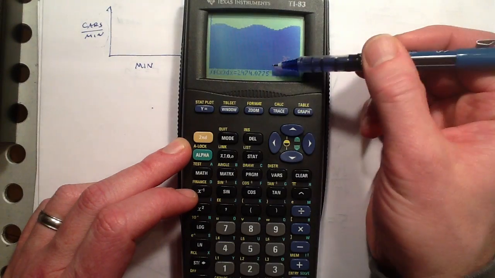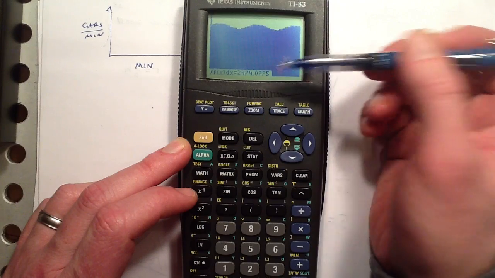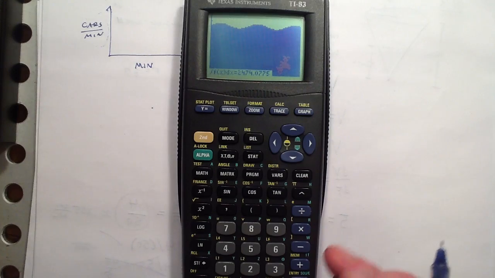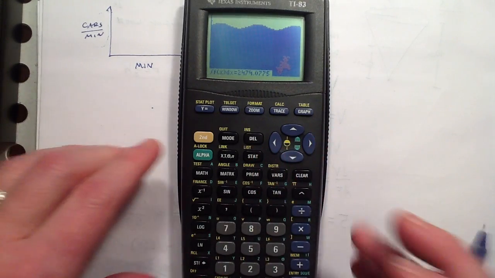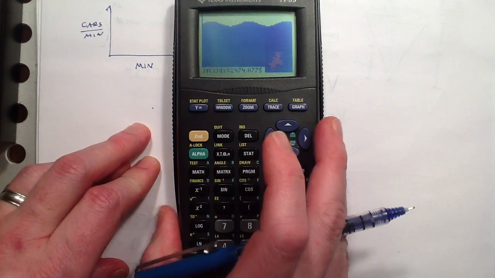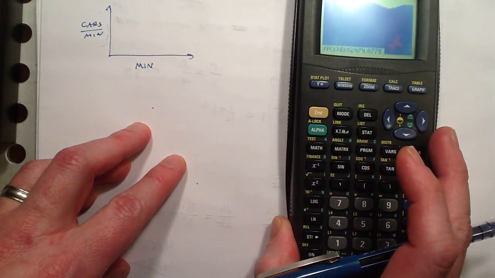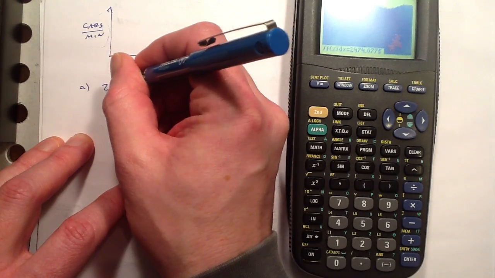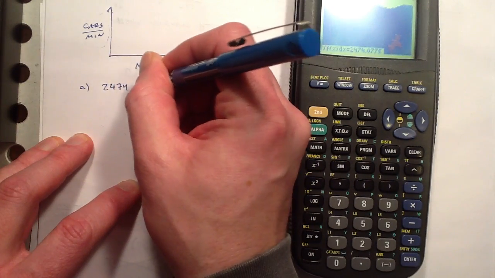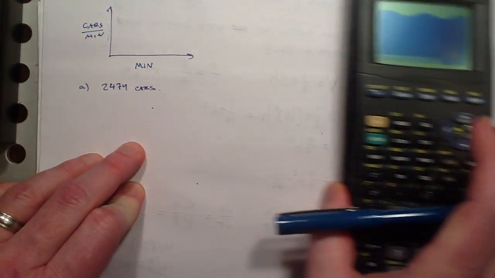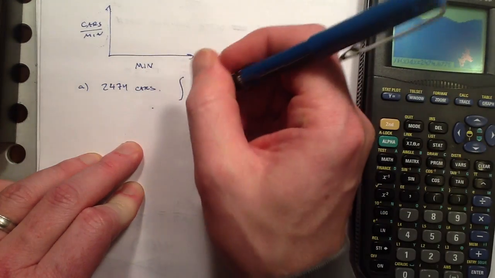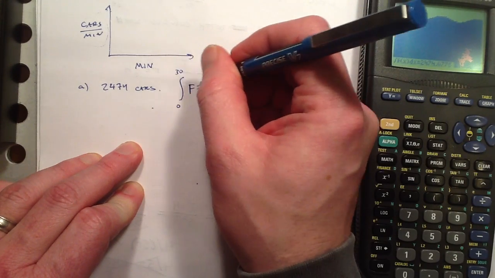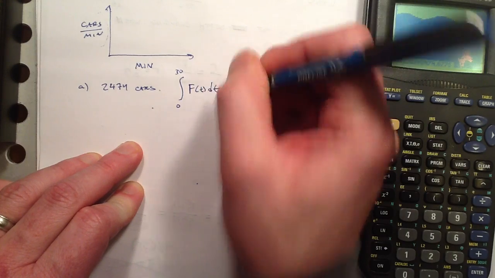And all that area is 2,474. We're going to round to the nearest whole number, because it doesn't make sense to have some decimal part of a car, unless you're at the circus or something. So part A, 2,474 cars. And just in case something went wrong, we should write down what the integral was. There's the integral from 0 to 30 of the function that they gave us.